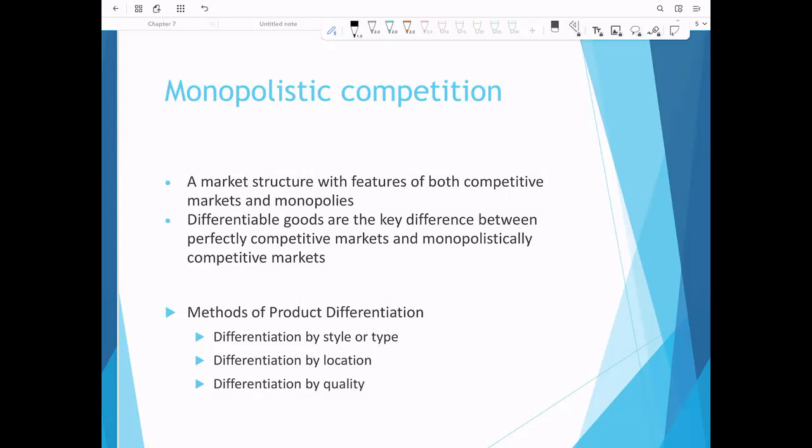Oh man, who's from the West Coast here? What's that burger place called on the West Coast? In-N-Out, the fast food place. Differentiation by location: you have In-N-Out on the West Coast, and here you have, what's that really bad place called? Cookout. You have Cookout here. Those are differentiated by location, and then you have differentiation by quality.